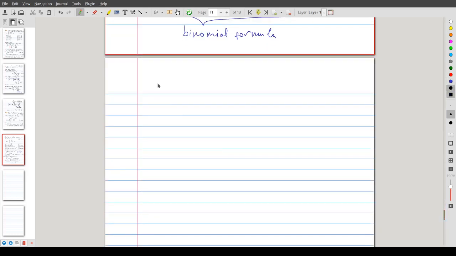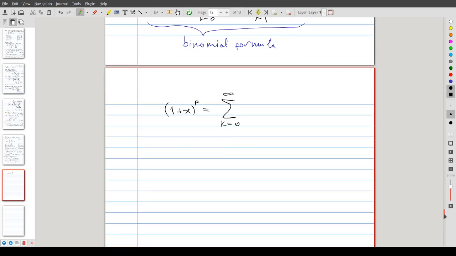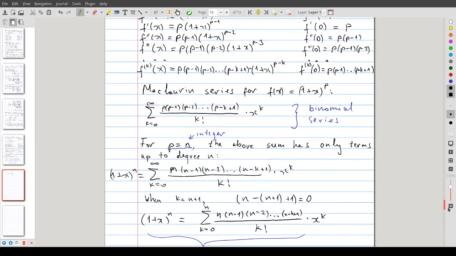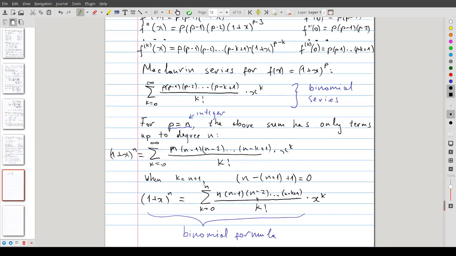So once again, we have the expansion (1 plus x) to the p is equal to the sum k from 0 to infinity. In here, by the analogy with the binomial formula, we will introduce a special name for this expression.